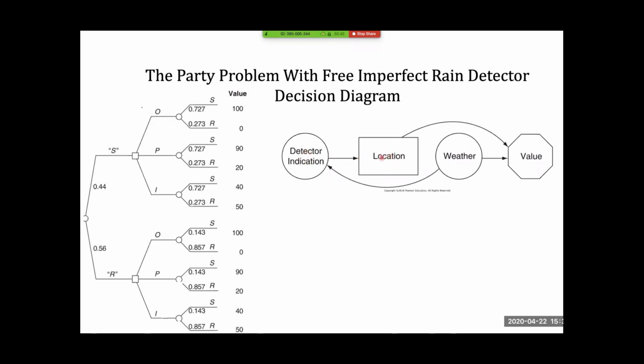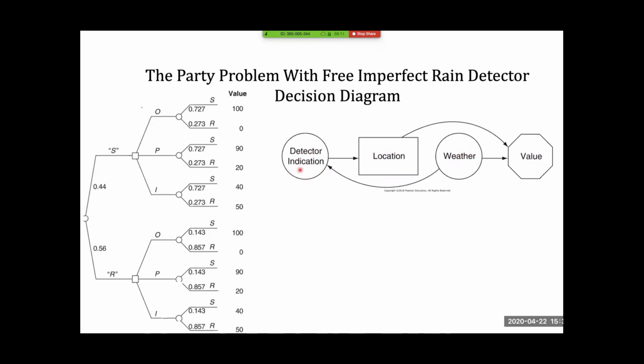At the time of the location decision, Kim is not guessing whether the detector's message is sunny or rainy. Kim knows that. The decision comes after reading the rain detector's message. And another thing we need to make sure we have is an arrow between the weather and detector distinction.